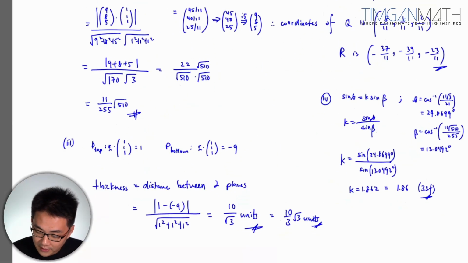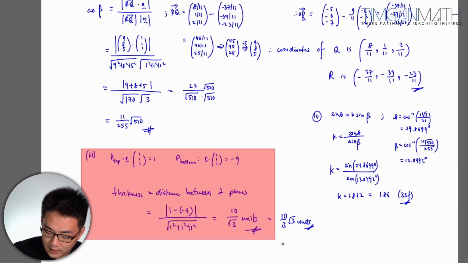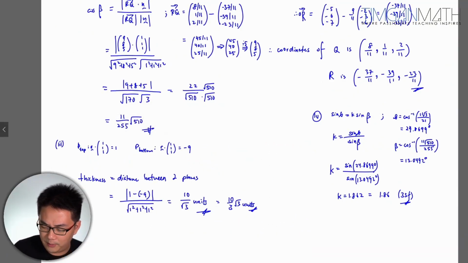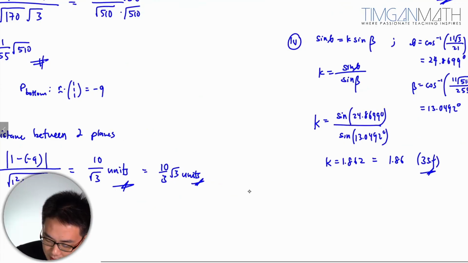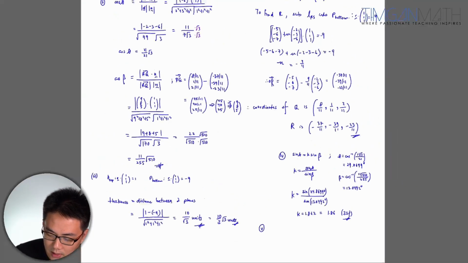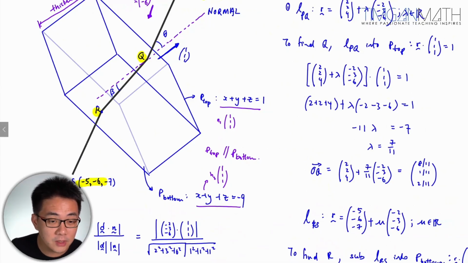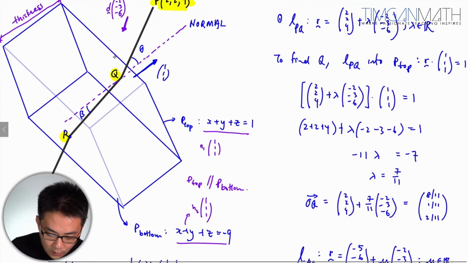So let's look at part 5. You're told to explain what would happen to the value of k when beta is larger than theta. Just take note that theta and beta have to be in the first quadrant. You can't be more than 90 degrees, right?